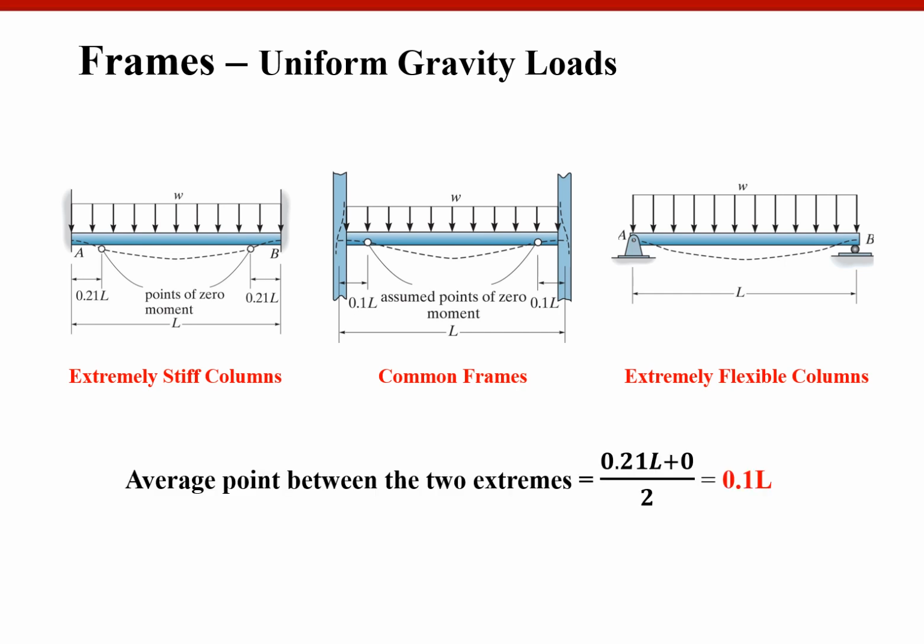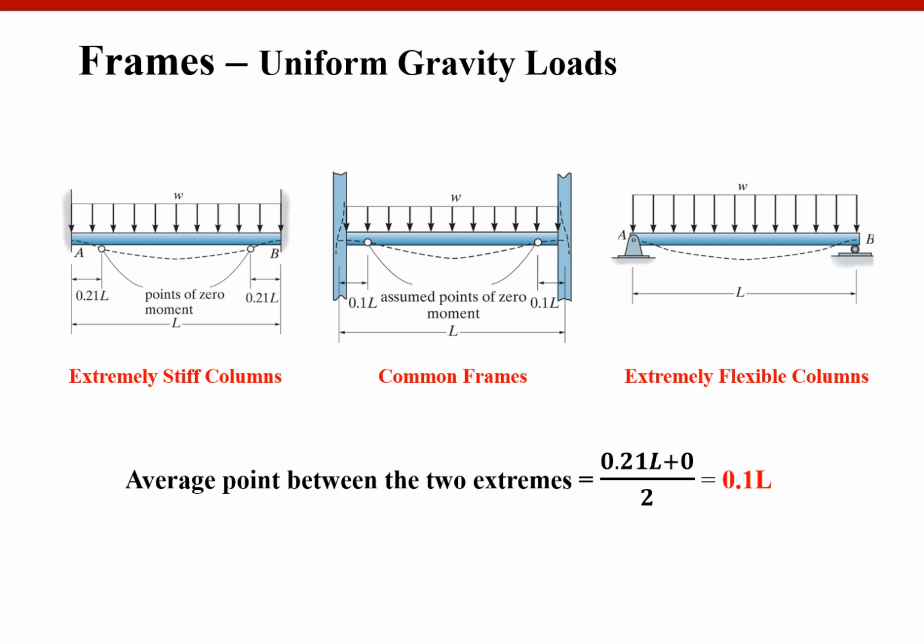So if you look at here, the inflection point is 0.21 L away from the column surface. And here, for pin, it's 0. So 0.21 L plus 0 divided by 2 will be 0.1 L. 0.21 L at a fixed beam is the exact value. 0 also is an exact value.